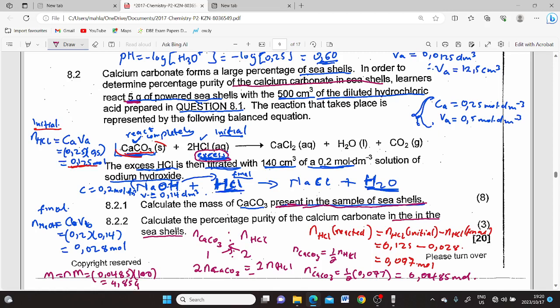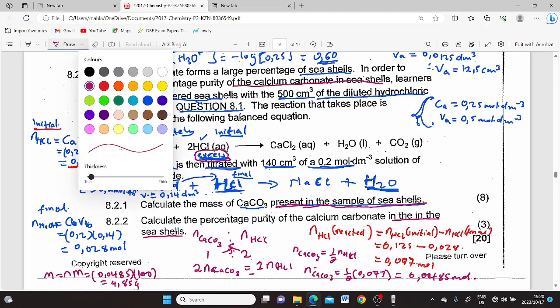At the end we managed to get the mass that reacted. If the total was 5 grams, it means there were impure substances mixed with the calcium carbonate. So what do we do with that?